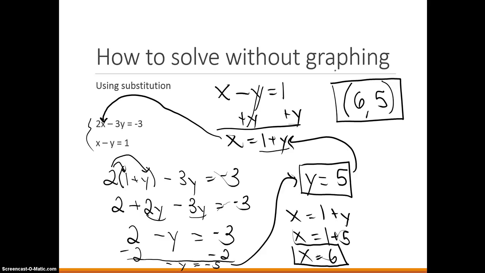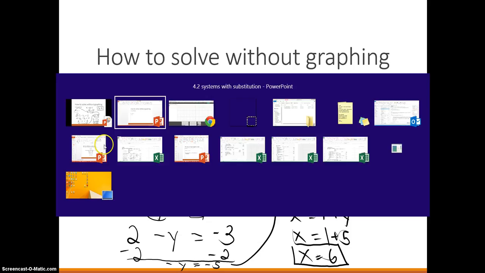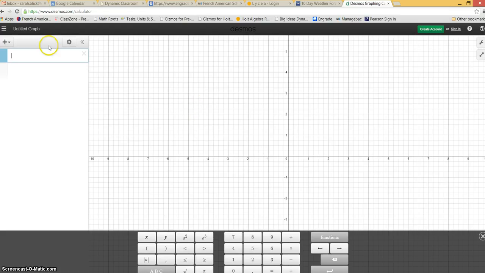We can check if this is the right answer by plugging this into a graphing calculator. So I have 2x minus 3y equals negative 3. I am going to plug that into desmos.com/calculator. So that was 2x minus 3y is equal to negative 3.